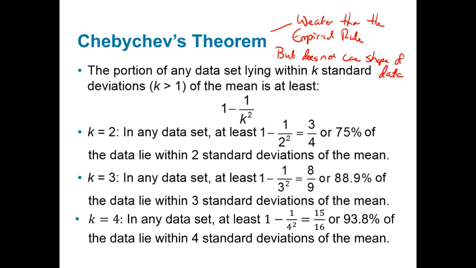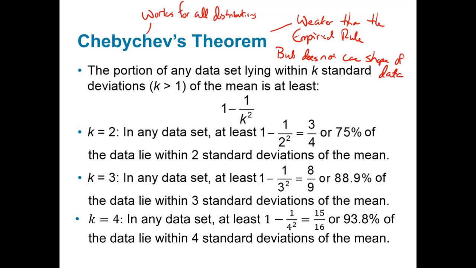So that's the pro to using Chebyshev's theorem. The con is it's weaker than the empirical rule, but the positive is while it is weaker, it doesn't care about the shape of the distribution. So it works for every distribution.